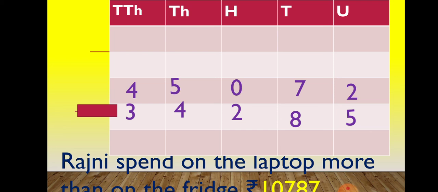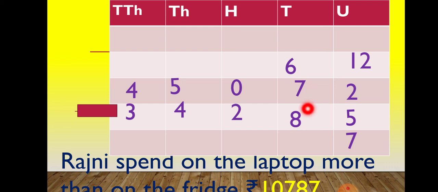Now you tell me, do you subtract 5 from 2 units? No. So what do you do? Take a borrow, 12 units, and here is 6. So now subtract 5 from 12, remainder 7.